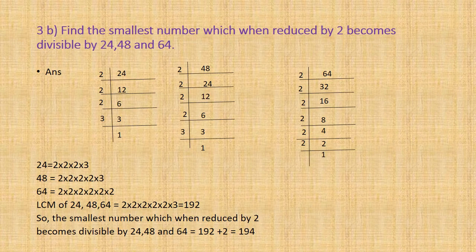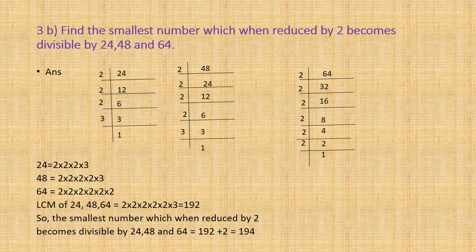Number 3, part B. Find the smallest number which when reduced by 2 becomes divisible by 24, 48 and 64. So students, for finding that number, again we will find the LCM of these three numbers. And for finding the LCM of these numbers, we will follow the prime factorization method. After that, we will have LCM 192.